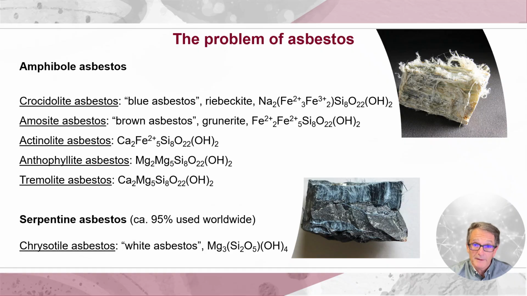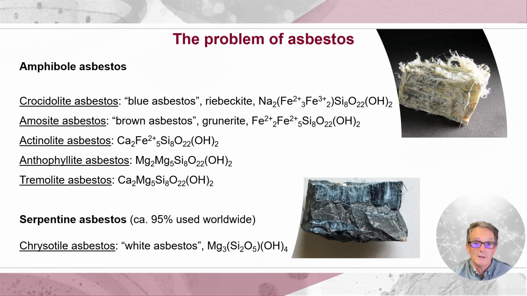More specifically, 5 types of amphibole asbestos are recognized: crocidolite, commercially known as blue asbestos and corresponding to the mineral riebeckite; amosite, known as brown asbestos and corresponding to grunerite; and actinolite, anthophyllite, and tremolite, which share their names with the corresponding minerals.